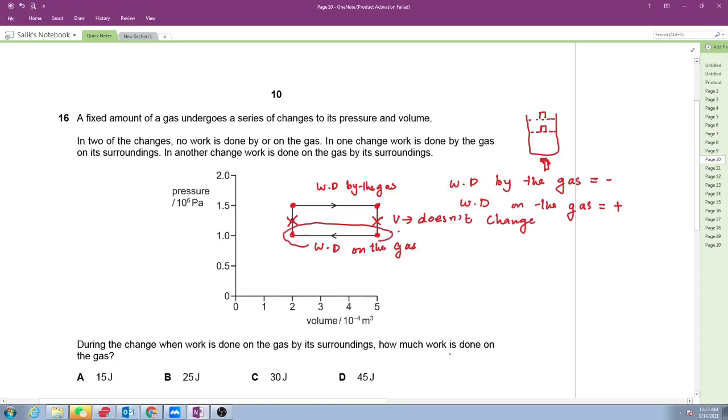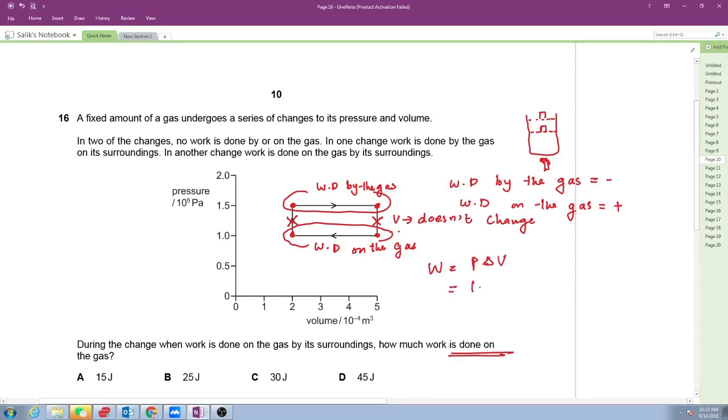So basically we are going to find the work done on the gas in this question. If they had said work done by the gas, we would find the other value. The volume changes from here to here, and that is given to us. The pressure is around 1, so we can plug in the values, as the work equals pressure times the change in volume.